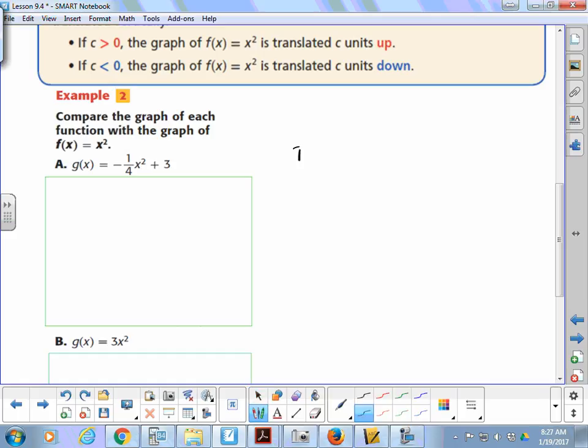All right, so let's talk about what's different first. Okay, what's different about -1/4 x squared plus 3 compared to x squared? What's one thing that's different then? All right, Ellie. A is negative. Okay, a is negative, which means what? Okay, so it opens down.